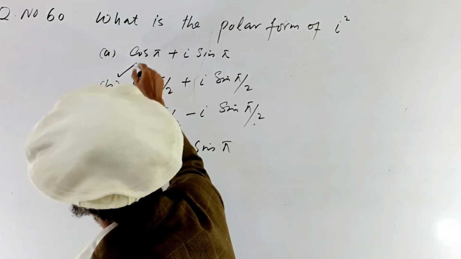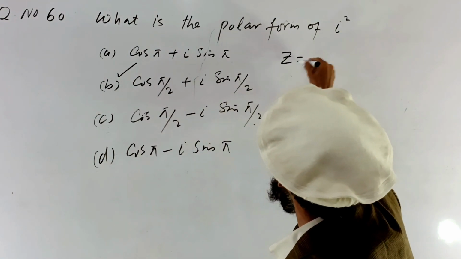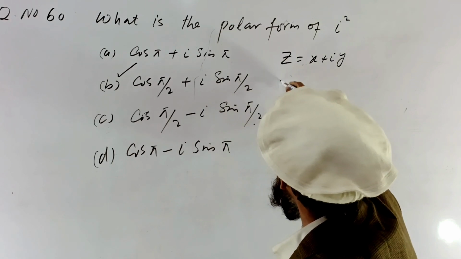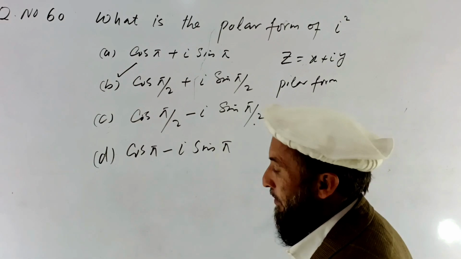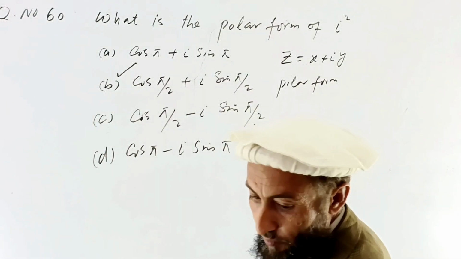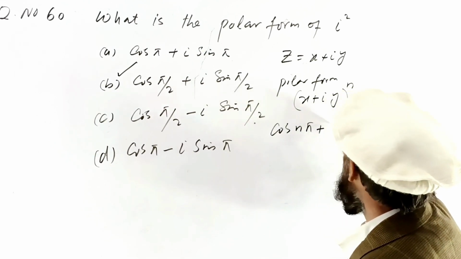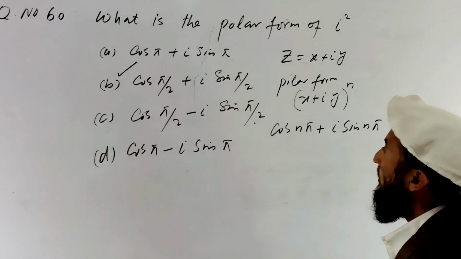This is the answer. The correct answer: according to the polar form, z is equal to x plus iota y, and we are finding the polar form of z as cos n pi plus iota sin n pi.